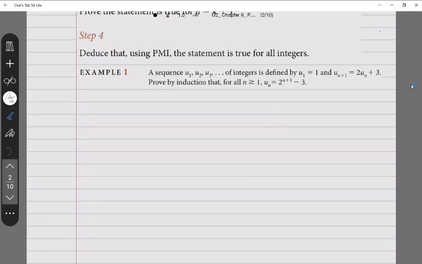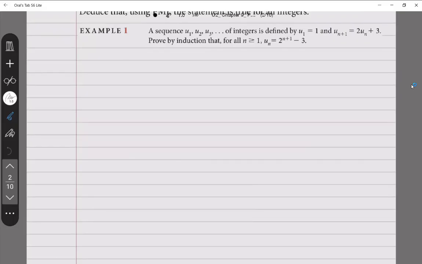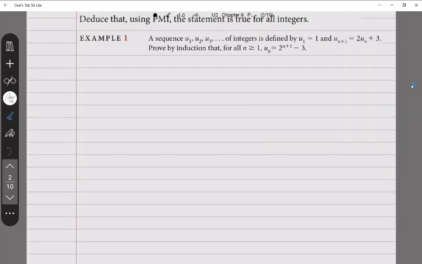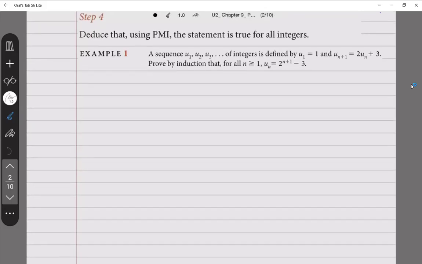Example 1 says a sequence U1, U2, U3 of integers is defined by U1 equals 1, that is given, and Un plus 1 equals 2Un plus 3.